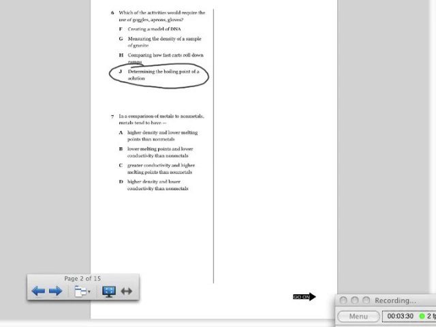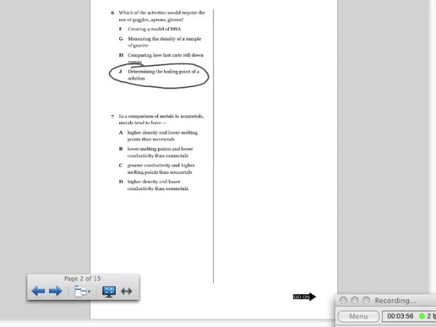Well, that can simply be done with using marshmallows and toothpicks or something pretty non-dangerous to your eyes. G was measuring the density of a sample of granite. You're just using a triple beam balance, so goggles are not necessary. And then H, comparing how fast cars roll down a ramp. So that's just like a speed problem. Wouldn't require goggles. So anytime we use glassware or we use chemicals, we're going to use goggles.